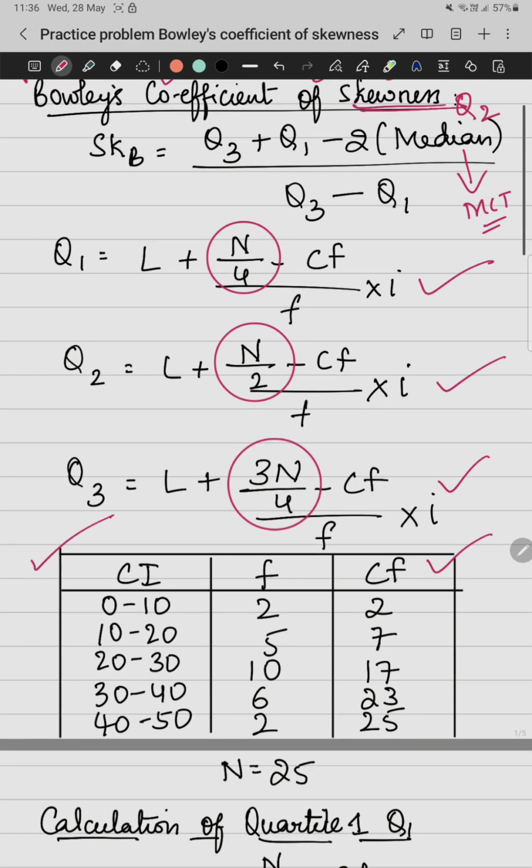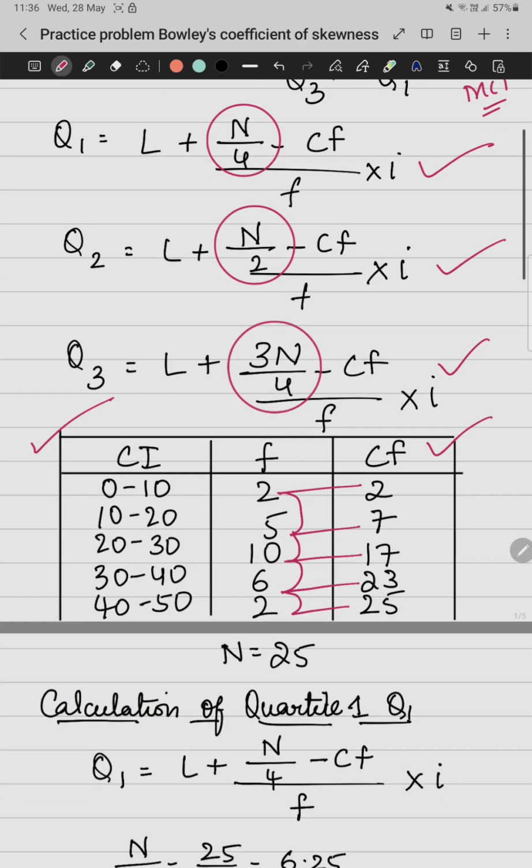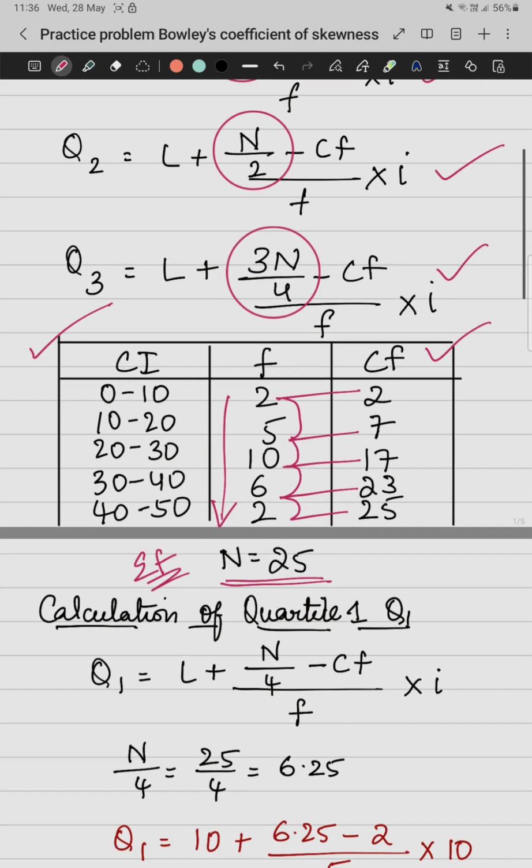So how do we find out cumulative frequency? 2 as it is, 2 plus 5 is 7, 7 plus 10 is 17, 17 plus 6 is 23, 23 plus 2 is 25. Okay, so it is adding on. So N, that is the frequency total, is 25. If you add all these values you will get 25. N or summation f is the same, the total of frequencies.